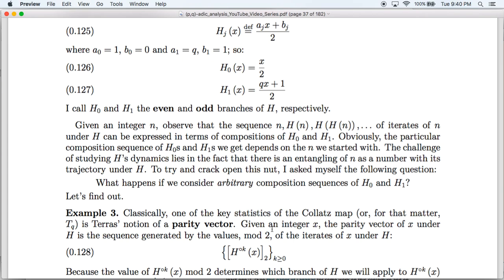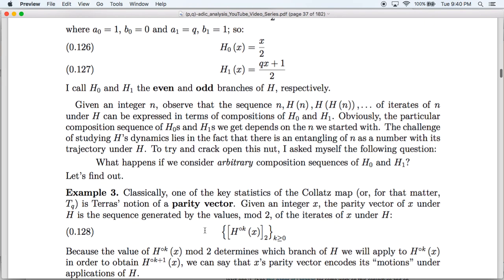Given an integer x, the parity vector of x under h is the sequence generated by the values of x's iterates mod 2, meaning we take its forward orbit and then we just forget everything except the values of the terms mod 2.